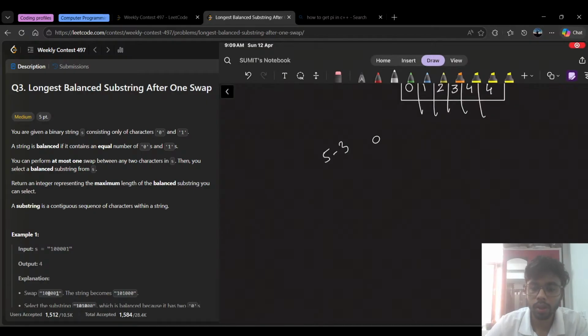Let's just refine this part. Ones of I equals to ones of I minus 1 plus s of I, s of I equals to 1.